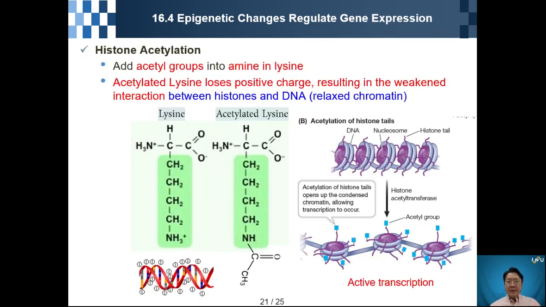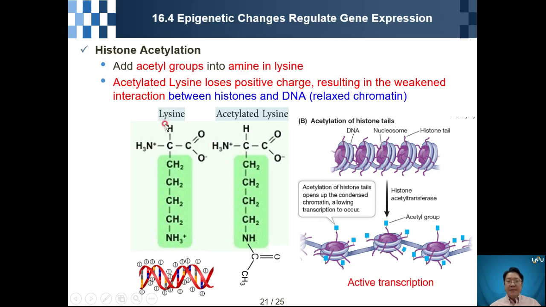Okay, so in this slide we will learn another epigenetic change, histone acetylation. This is the histone and this is the DNA. Histone has lots of amino acids. Histone acetylation means adding an acetyl group to the amine in lysine.